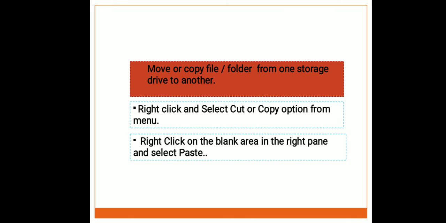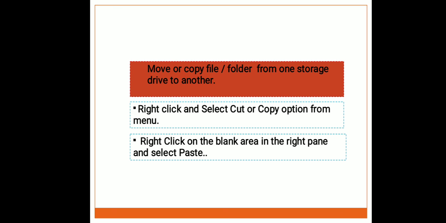When you click on the Computer icon, you can see the pen drive icon there. You just need to double click, and right click and select cut or copy from the menu. Click on the flash drive icon in the left pane, and the drive opens. Then right click on the blank area in the right pane and select paste.